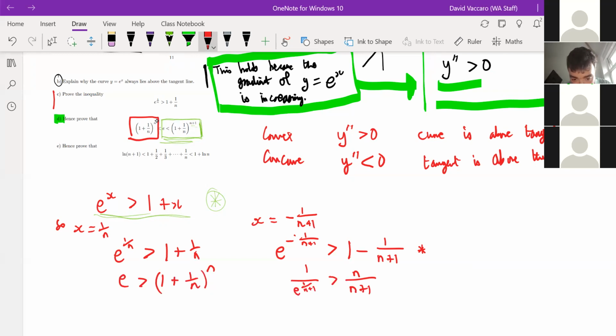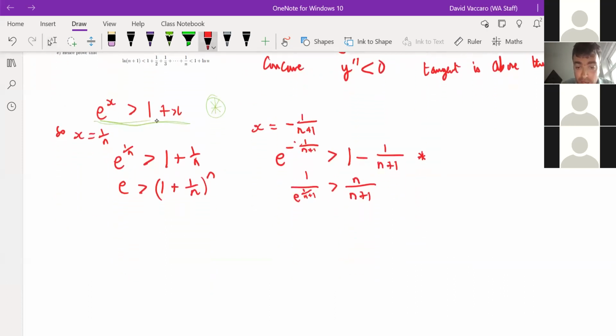I don't like the fractions, so I multiply both sides by n plus 1 over n times e to the 1 over n plus 1, which I can do because it's positive. I get n plus 1 over n is bigger than e to the 1 over n plus 1.